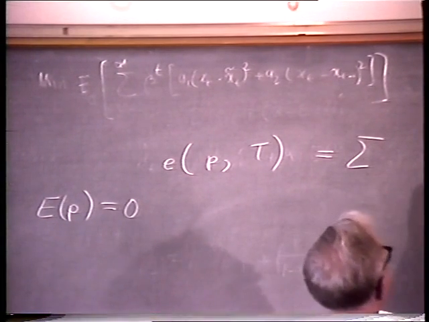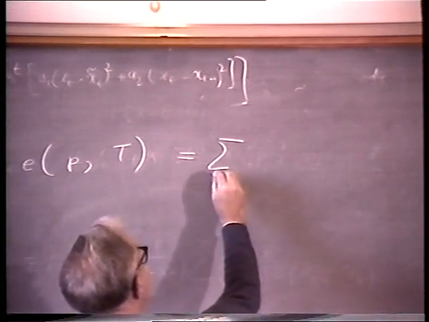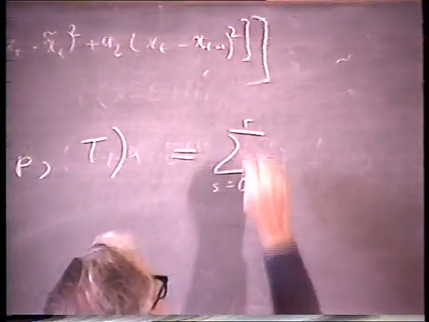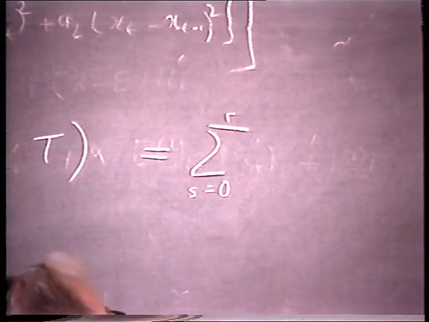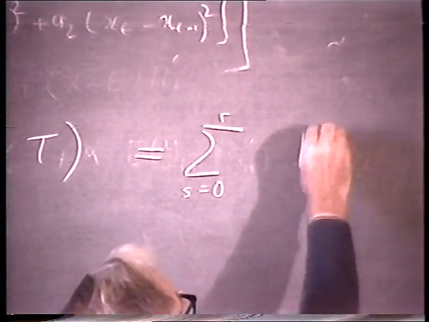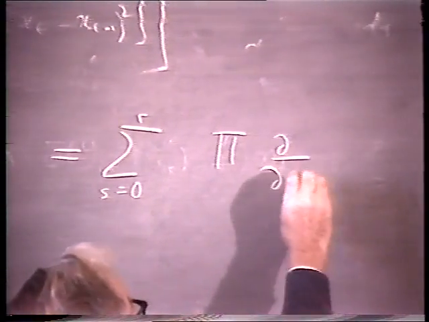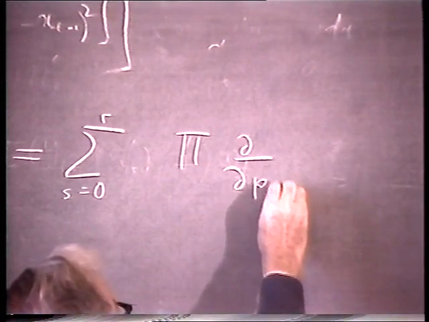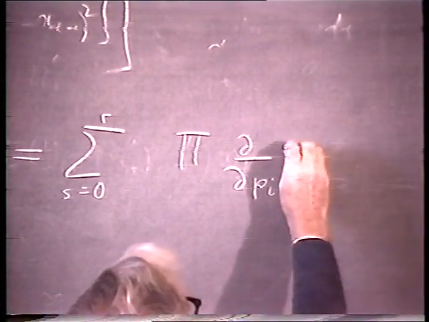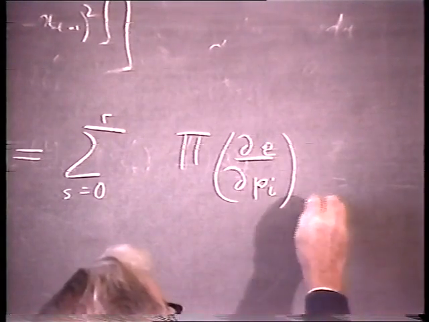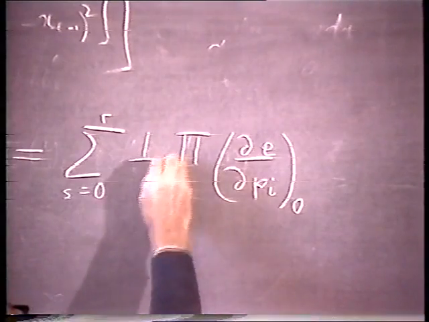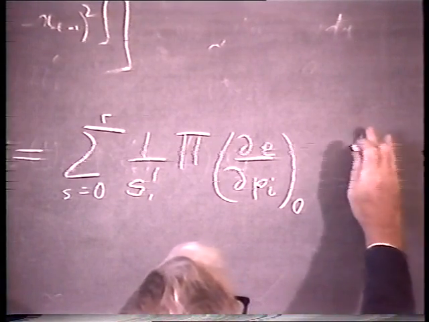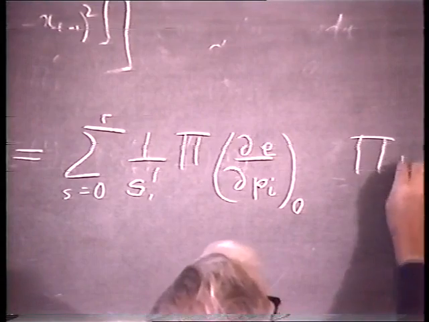One possibility is to write it in the form, say, s equals 0 to some upper limit r, and then simply have a kind of product of derivatives d p i, should we say, of e worked out at 0, of course a 1 upon s factorial, and then simply the corresponding product of the p's.